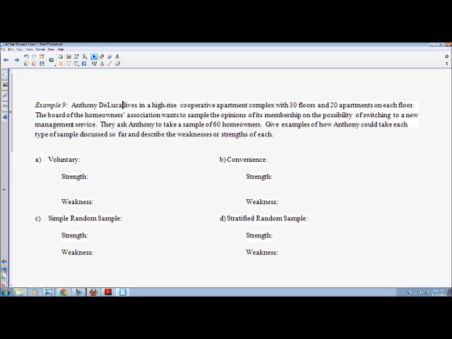Okay, so he has an apartment complex, 30 floors, 20 apartments on each floor. So it's a lot of people, a high-rise apartment, most likely in a city is where those types of large apartment buildings would be. So voluntary.